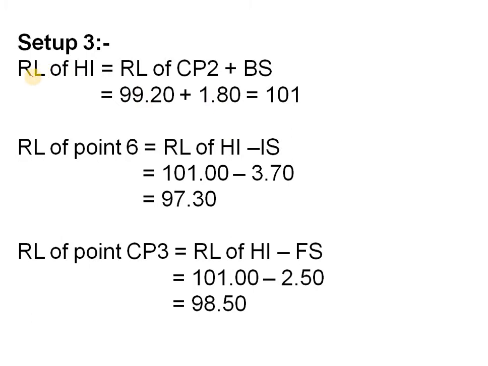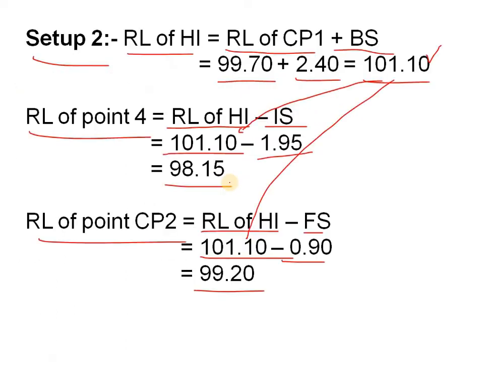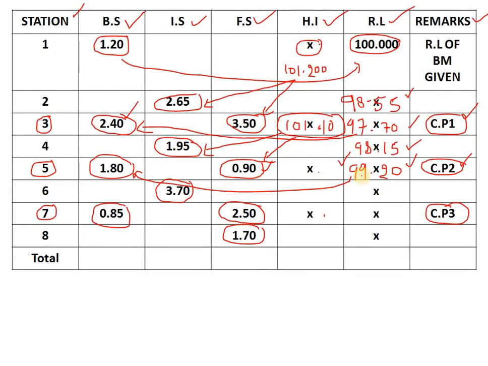So RL of HI is equal to RL of CP2 plus backsight, that is 99.20 plus 1.80, and we will get 101.000.